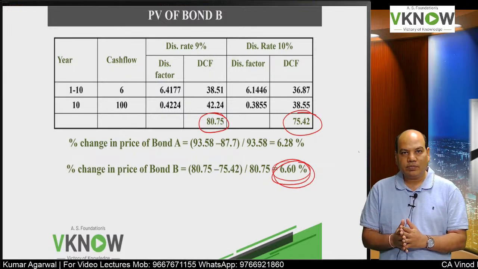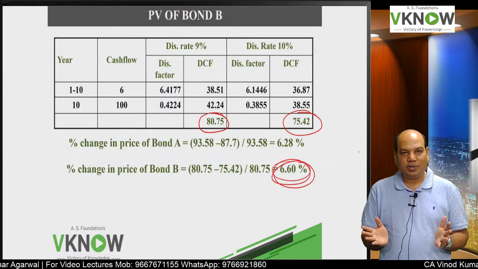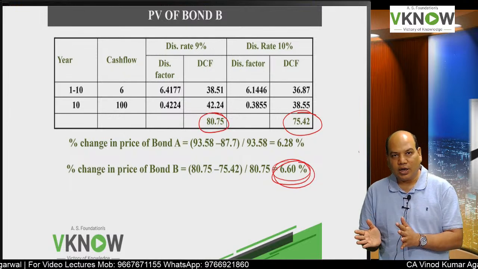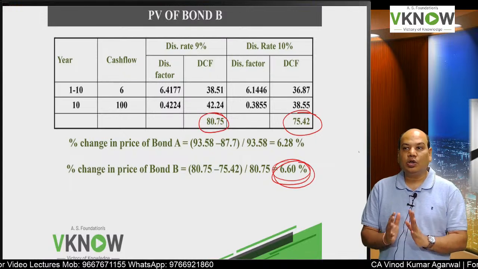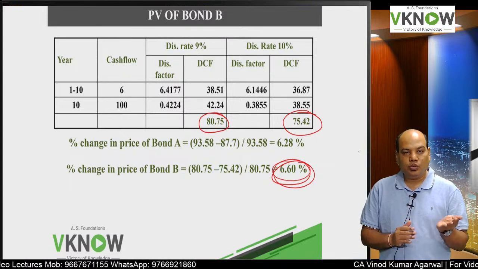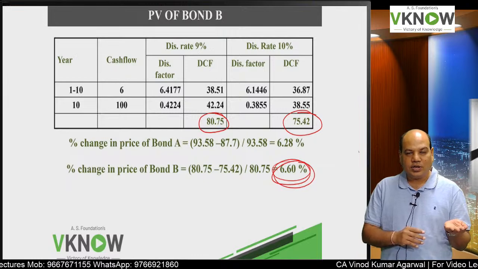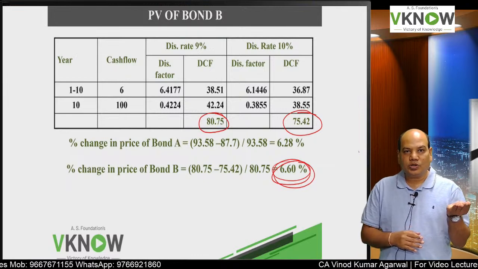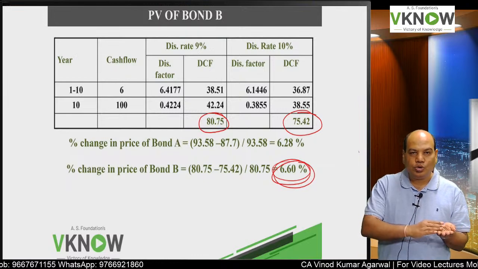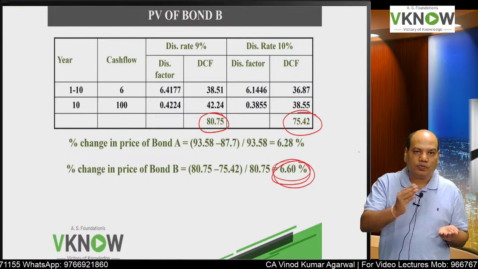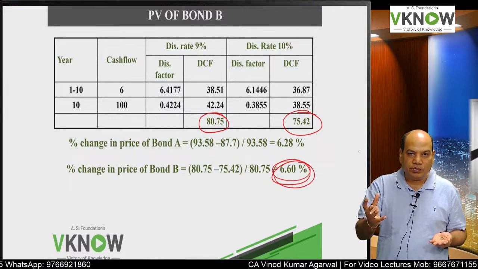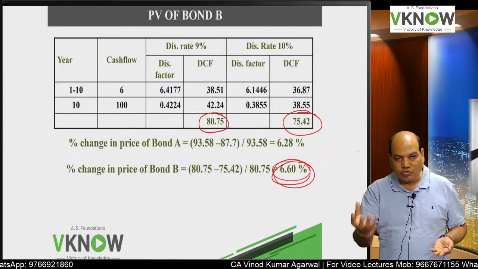Recently in USA, a bank called Silicon Valley Bank collapsed, it got liquidated, because they had invested in long-term bonds, and the US Federal Reserve increased the interest rate from nearly 0% to around 5%. So if the market rate moves from 0 to 5%, such a big change, the bond values fall.